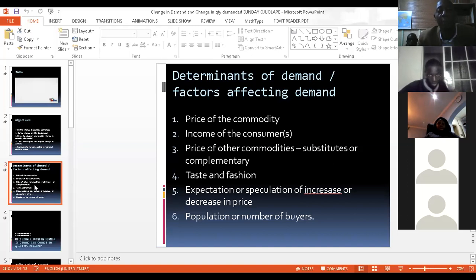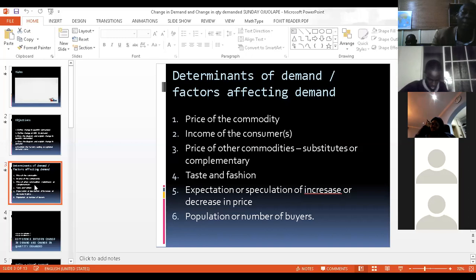But when Android phones were discovered, Nokia and the rest of its products became unfashionable to use. They ran out of the taste of the people. So they were not buying, they had no market. So taste and fashion is also a determinant of demand.